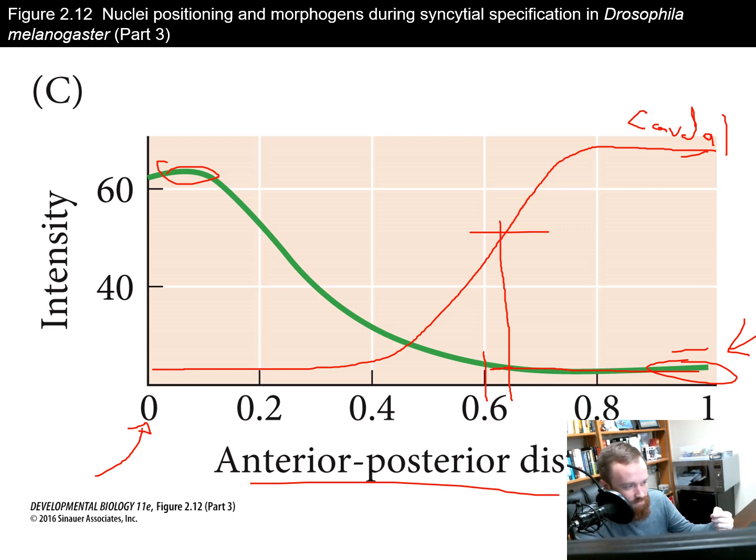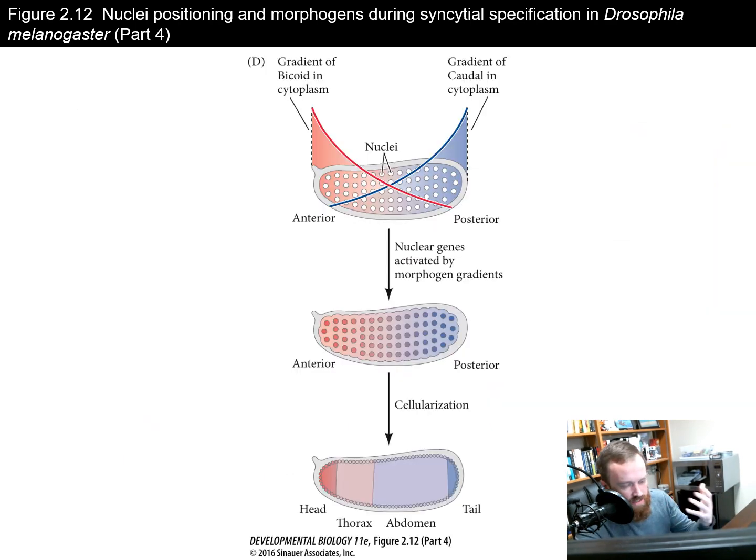As I alluded to in the previous slide, we have the second gradient, caudal, which starts at the posterior where it's the highest, and it tails off towards the anterior. We can overlay these two gradients and get more detailed information, where if you have an extremely high amount of caudal and an extremely low amount of bicoid, you're the very posterior.